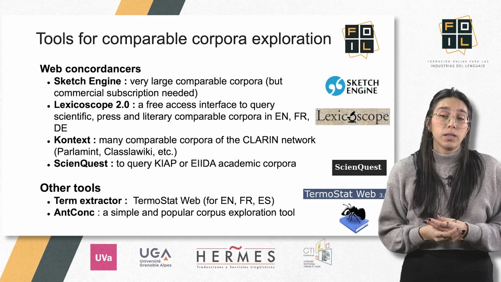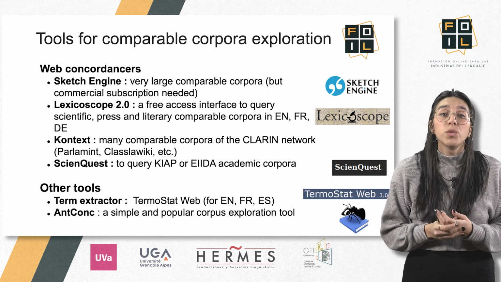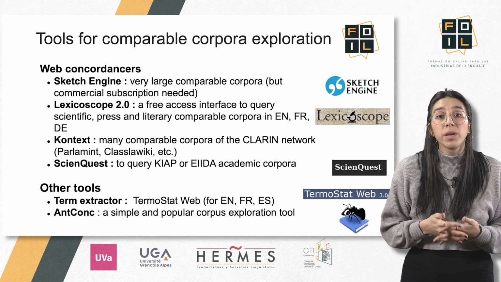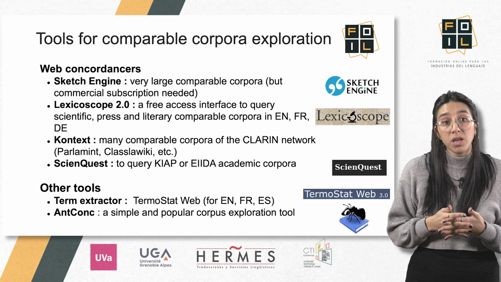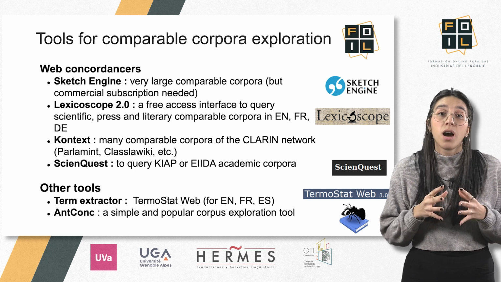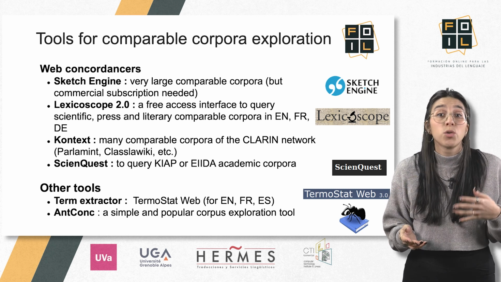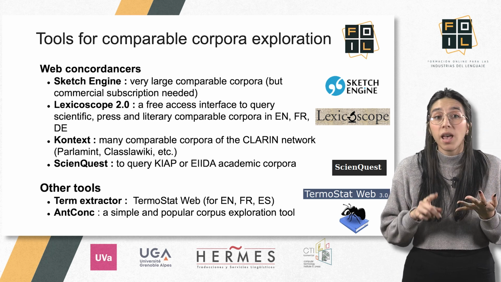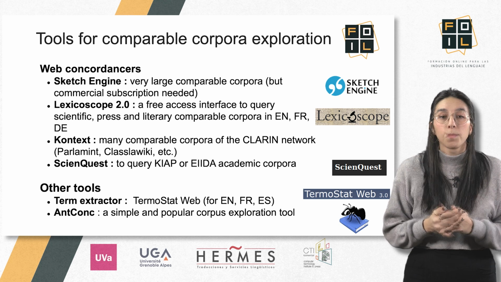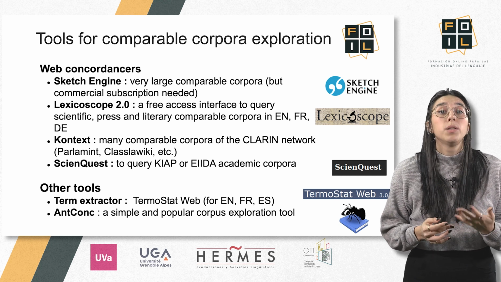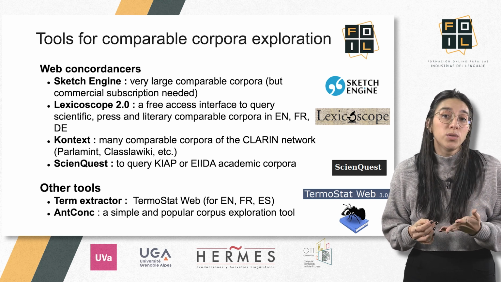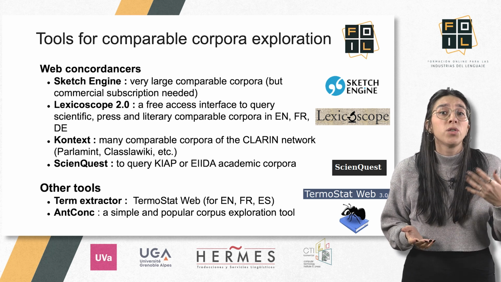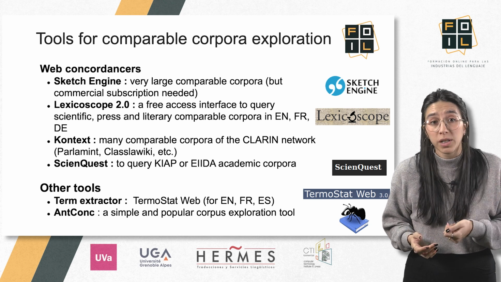To overcome these limitations, comparable corpora are used as a complement. In the field of scientific writing, we can mention the KIAP corpus, which brings together articles in English, French, or Norwegian in comparable proportions in the fields of linguistics, economics, and medicine. These corpora make it possible to compare authentic usage without translation bias in order to contrast collocational, phraseological, or terminological uses.